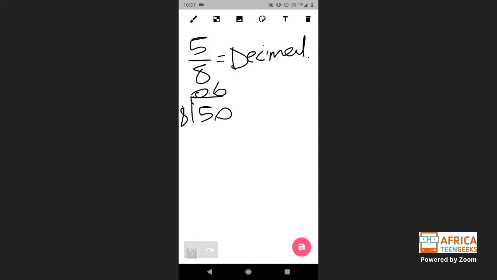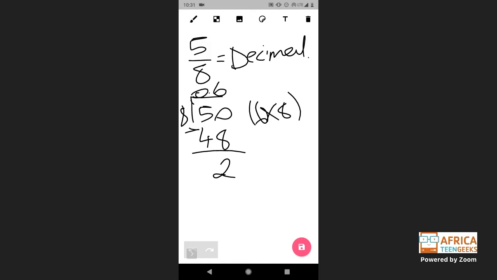And now that we have found the first fraction, you remember that we are repeating the same procedure, right? So most definitely we'll say 6 multiplied by 8, and it will give us 48, and then we subtract: 50 minus 48 equals 2.